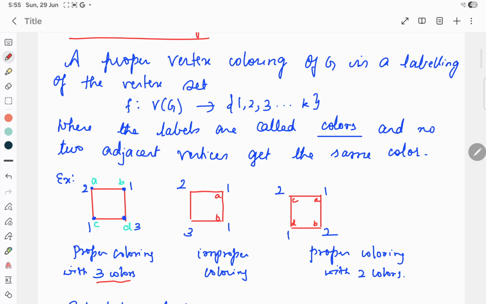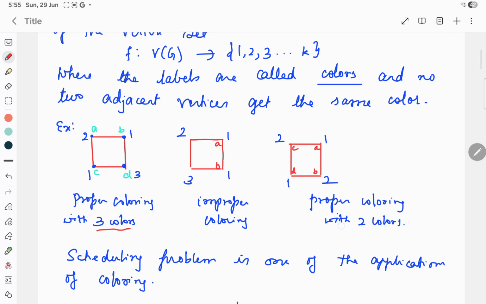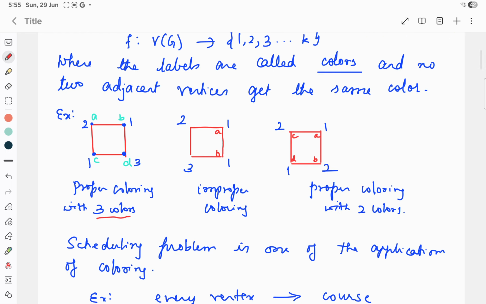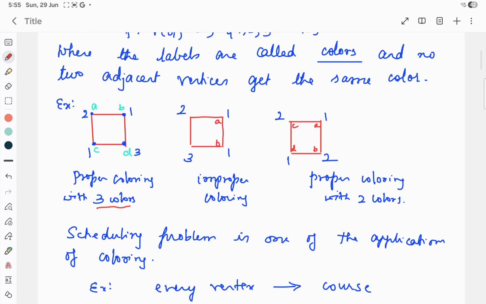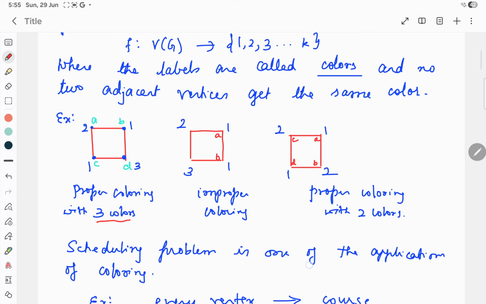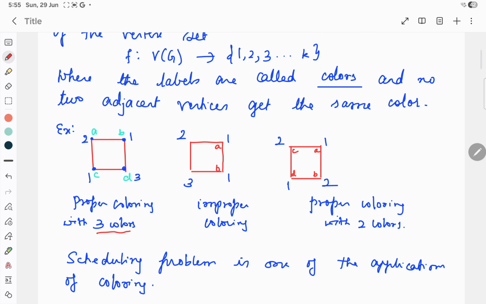Thus, for the same graph in the proper coloring, we have used 3 colors here and 2 colors here, right? One of the important applications of vertex coloring is the scheduling problem. The scheduling problem we will take up in the next video.